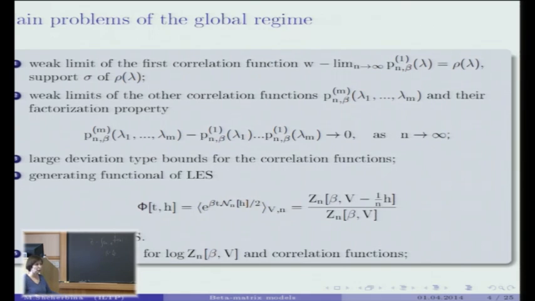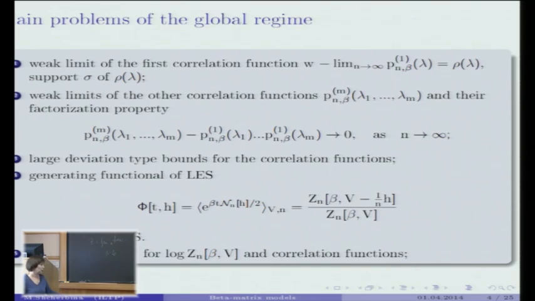If you would like to study, for example, the CLT for linear eigenvalue statistics, then it is natural to study the generating functional, or Laplace transform, of this linear eigenvalue statistic. Here we are lucky, because we can write this generating functional as a ratio of two partition functions: V minus 1 over n h, because there is a parameter V here, and the ratio with the standard partition function.